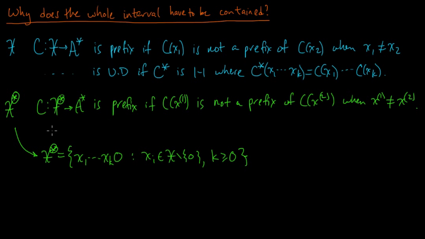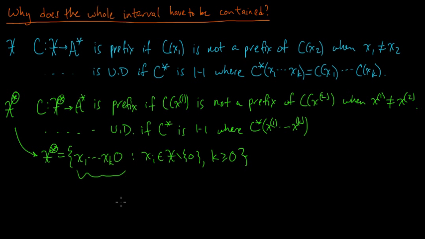So this is exactly the same definition, and likewise we would say it's uniquely decodable if this extension is 1-to-1, where now the extension in this case takes a concatenation of these messages.